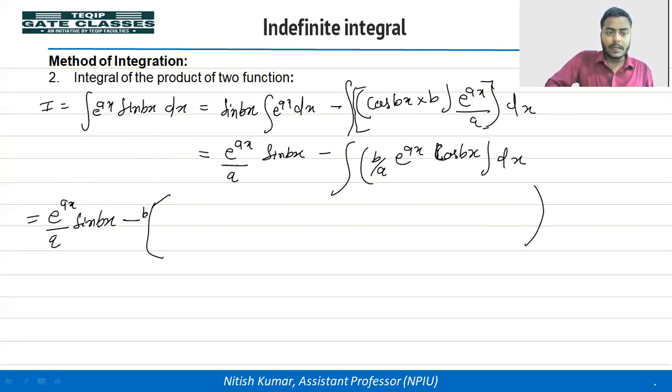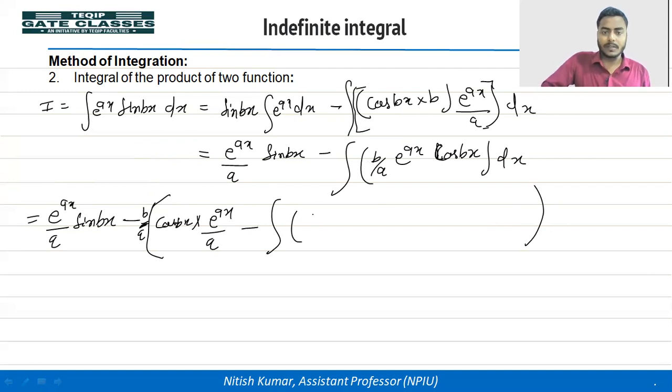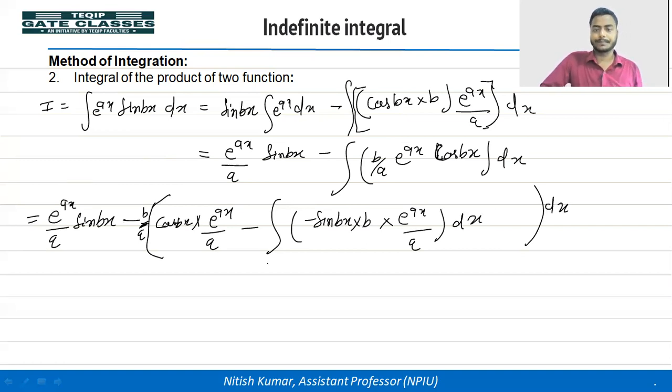So b by a taken common, the first function would be cos bx, into e to the power ax divided by a, minus integration of differentiation of the first one. The differentiation of cos bx is minus sin bx into b, into e to the power ax divided by a, dx with respect to x.